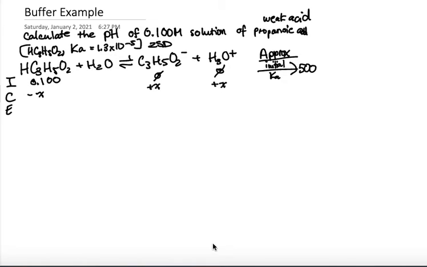So we take 0.1 and divide it by our Ka, and when we do that on our calculator, it is greater than 500, so our approximation method can be used in this example.